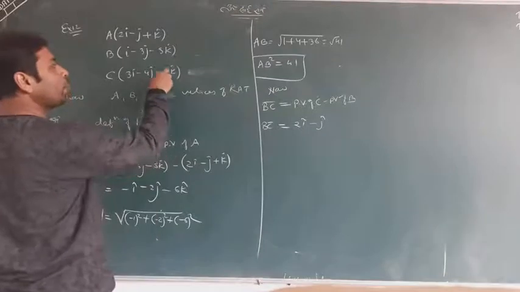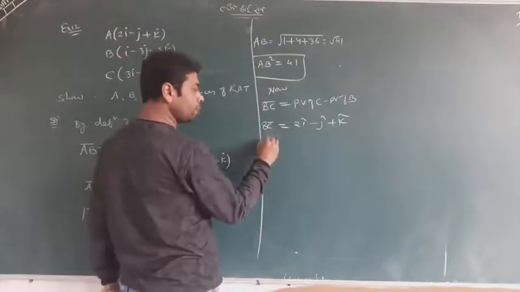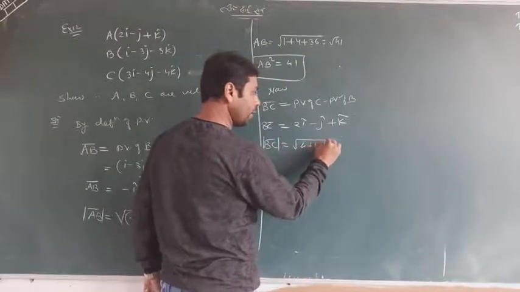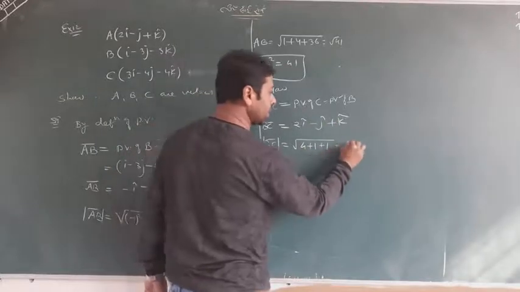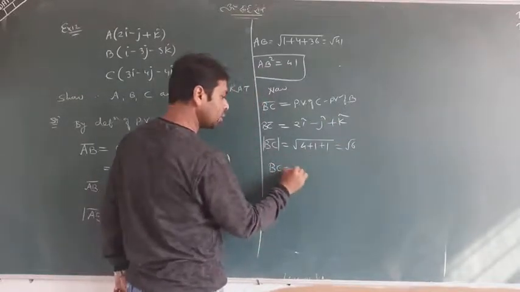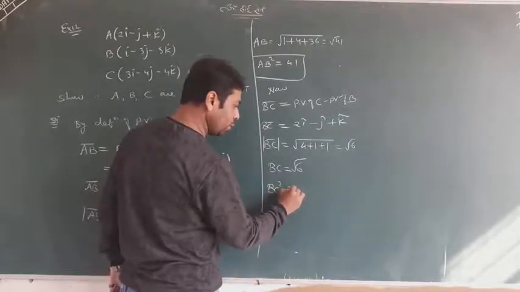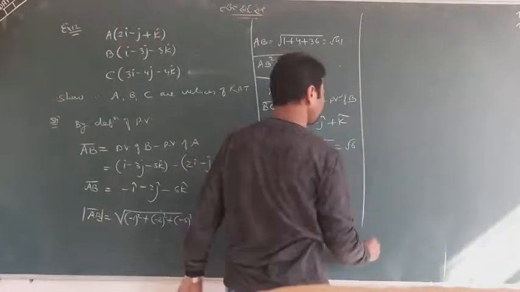And minus 4k plus 5k, which is plus k. Now this is BC. Now can you say mod BC is what? 4, 1 and 1, meaning 6. So BC square is equal to 6. Only the last one remains.